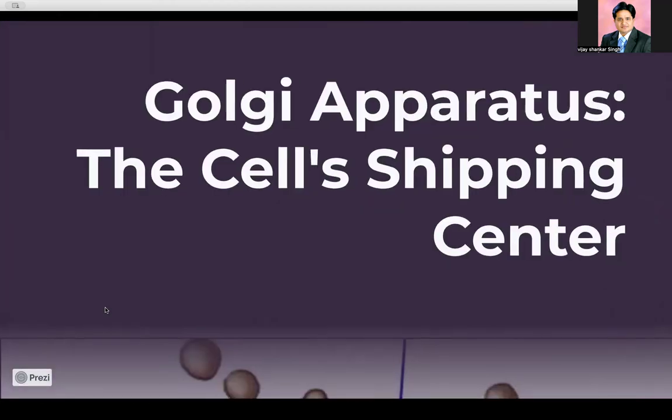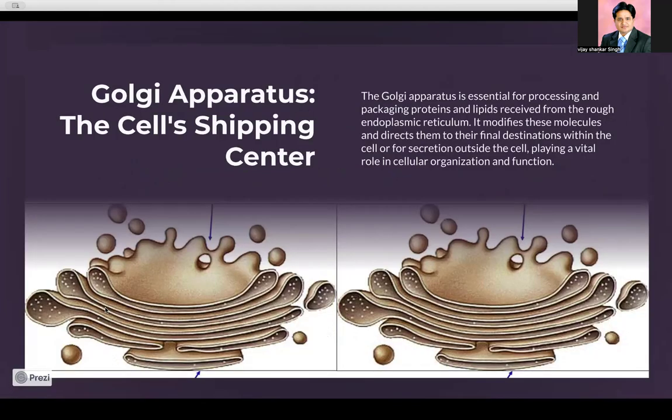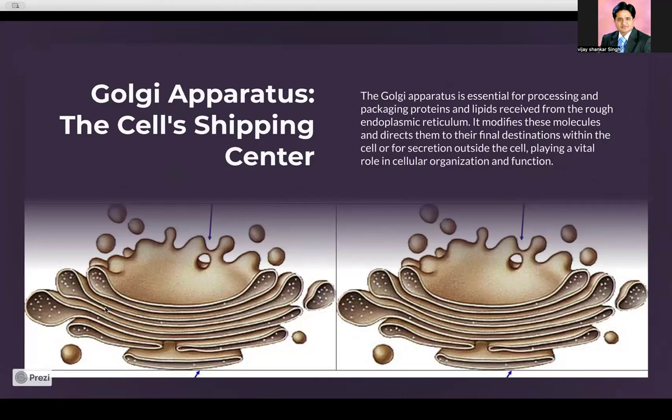Then we have the Golgi apparatus or the Golgi bodies, the cell's shipping center. The Golgi apparatus is essential for processing and packaging proteins and lipids received from the rough endoplasmic reticulum.